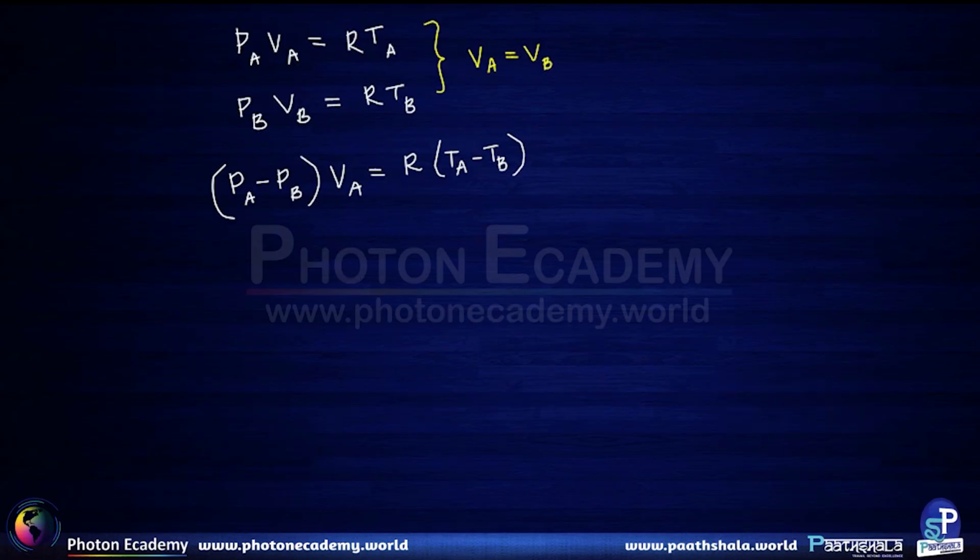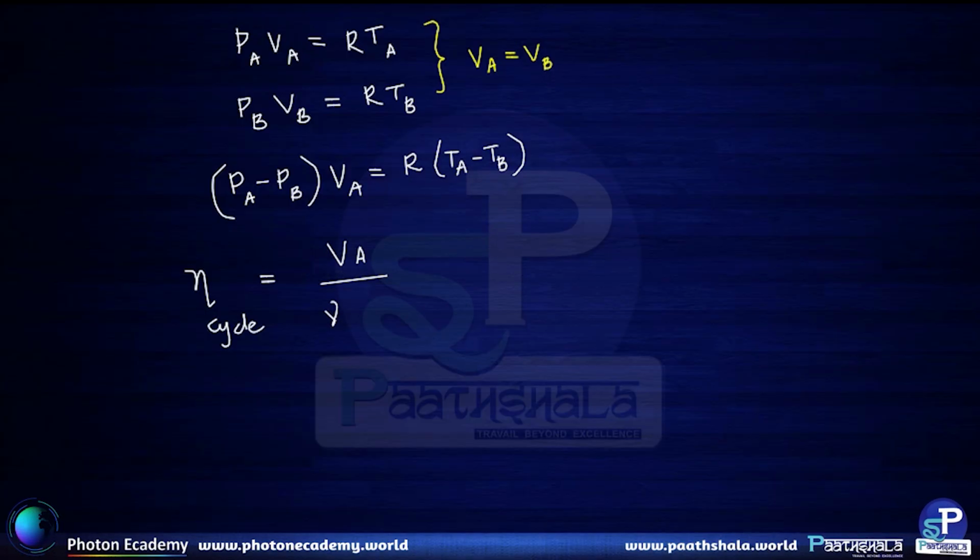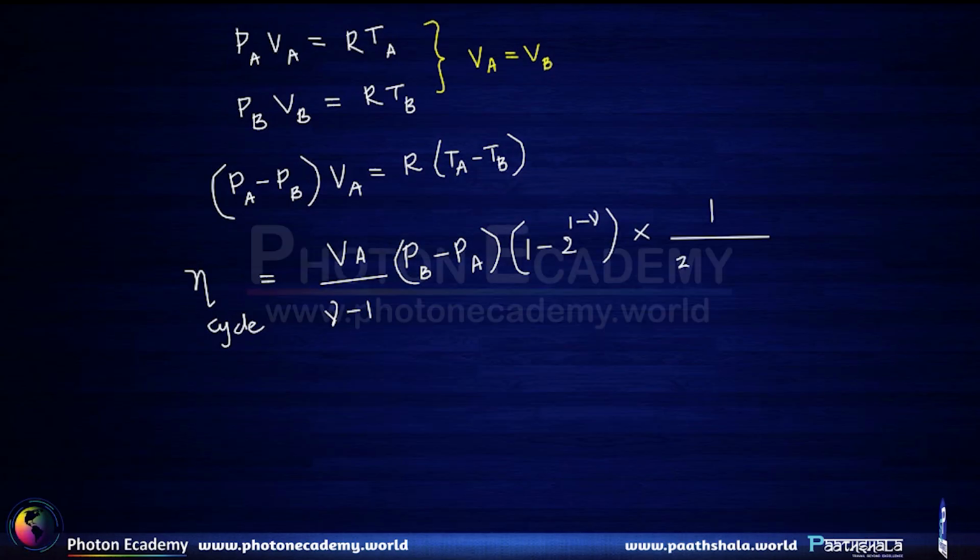So efficiency of the cycle comes out to be Va by gamma minus 1 into Pb minus Pa into 1 minus 2 power 1 minus gamma into 1 by 3 by 2 into Pb minus Pa into Va. Here we have substituted the value of R into Tb minus Ta, which is going to be Pb minus Pa into Va.